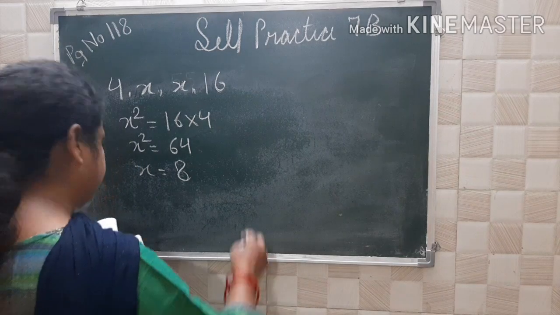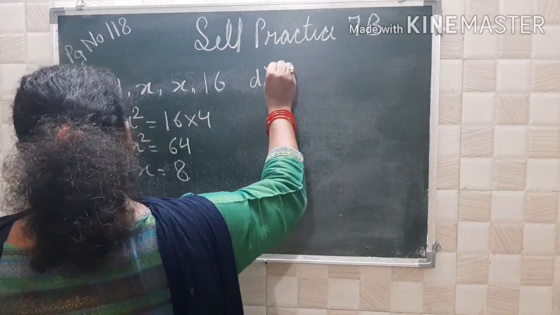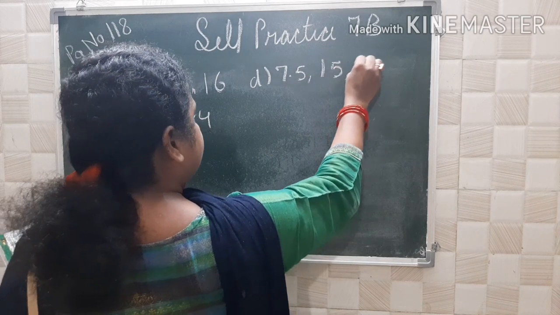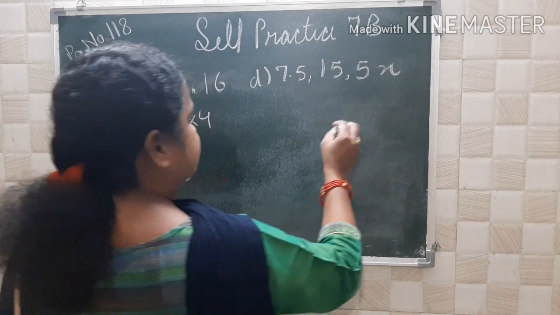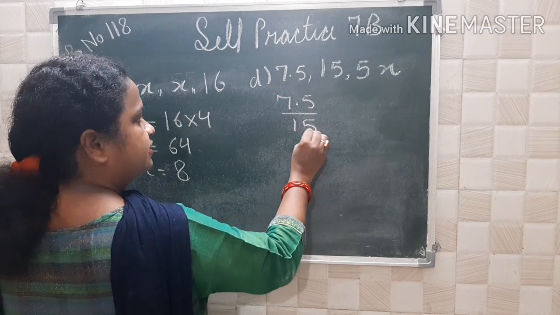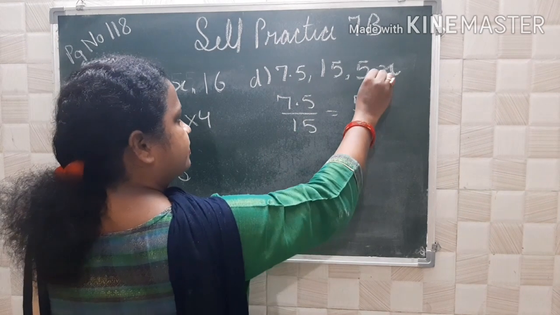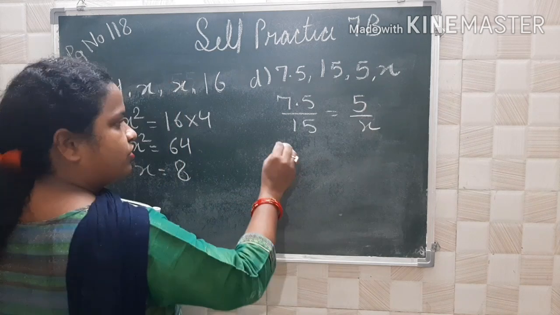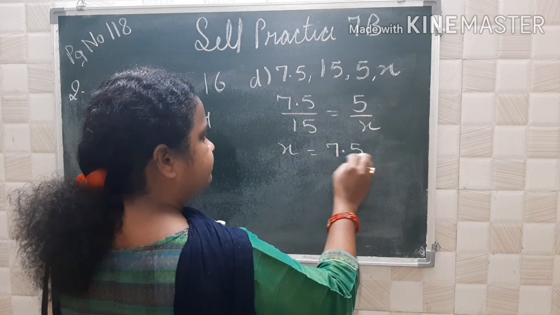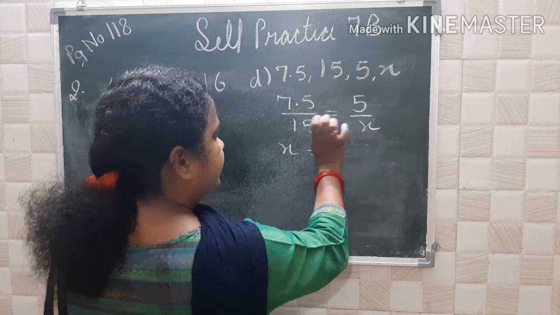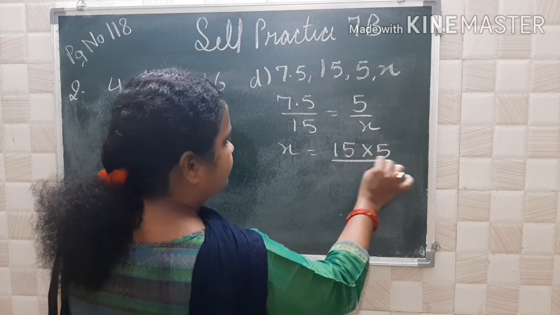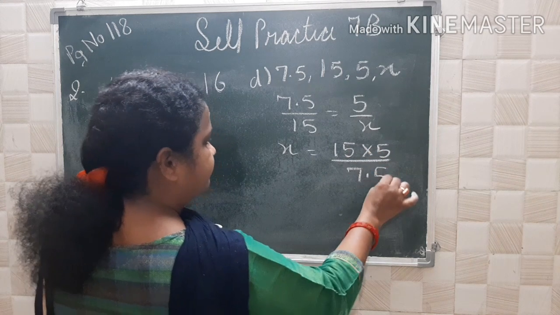See the D part. 7.5, 15, 5, x. So you will have 7.5 upon 15 is equal to 5 upon x. So what will you have? X is equal to 15 into 5 upon 7.5.